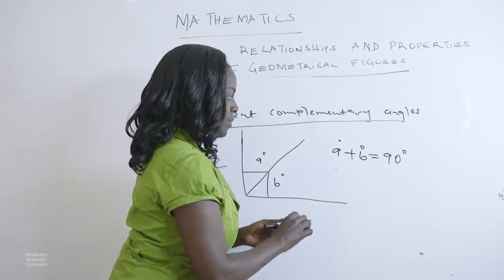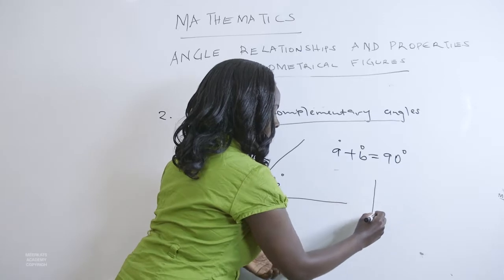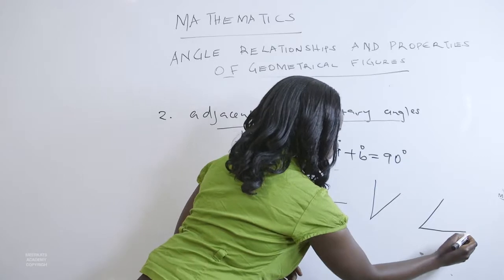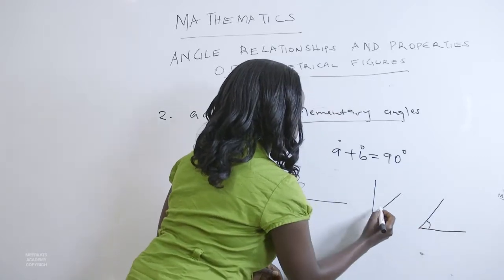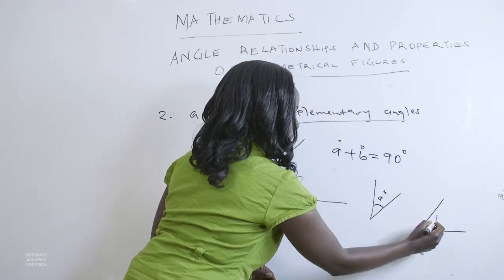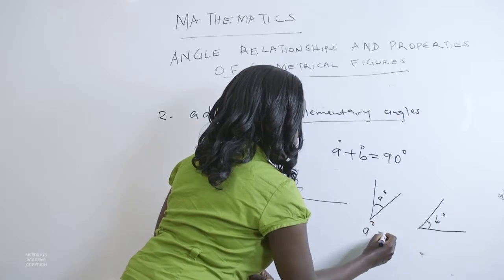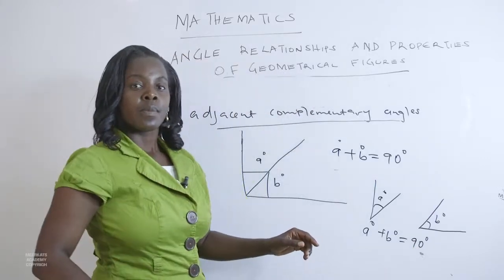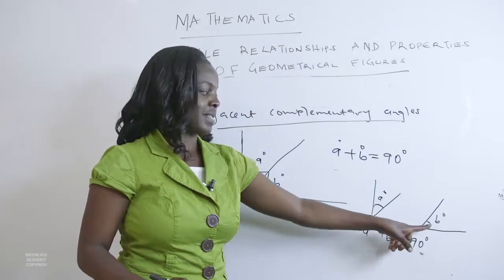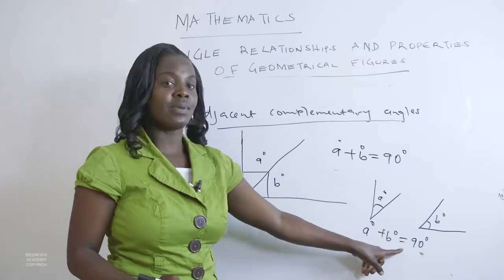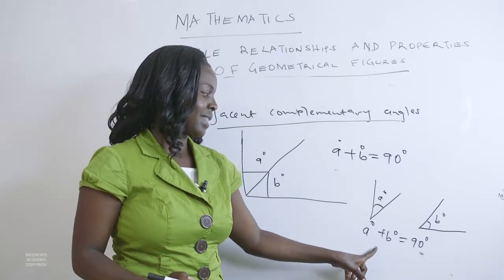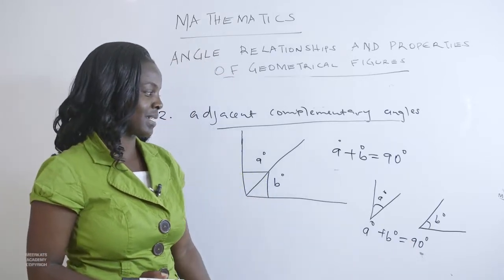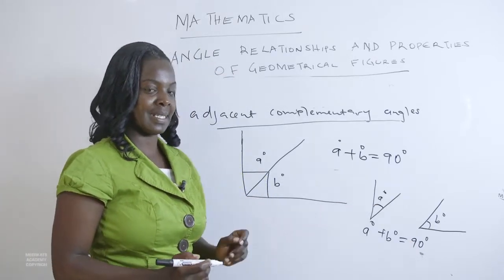For example, these two angles here are not adjacent, but they can add up to 90 degrees. We still say that A and B are complementary angles because they add up to 90 degrees, but they are not adjacent.